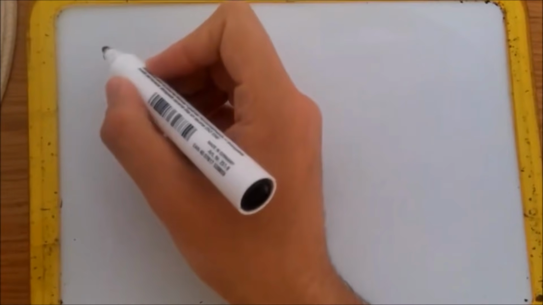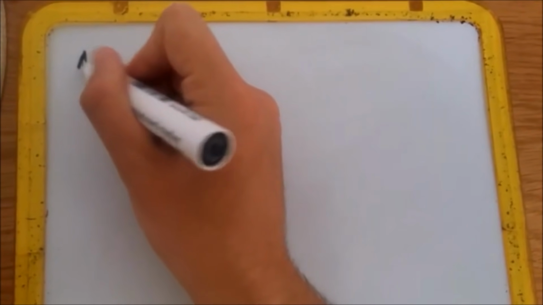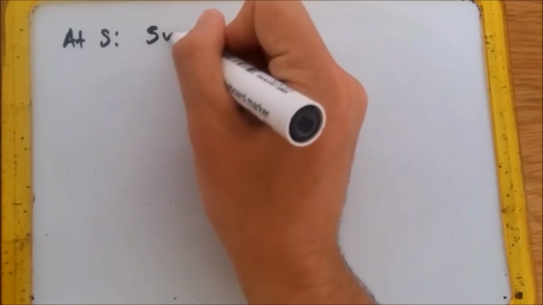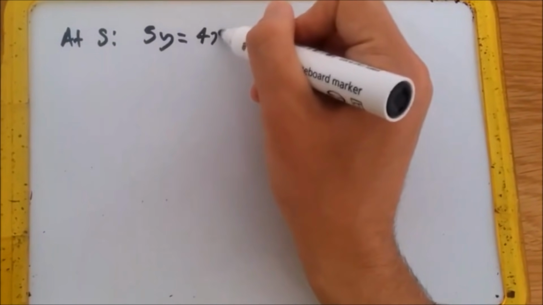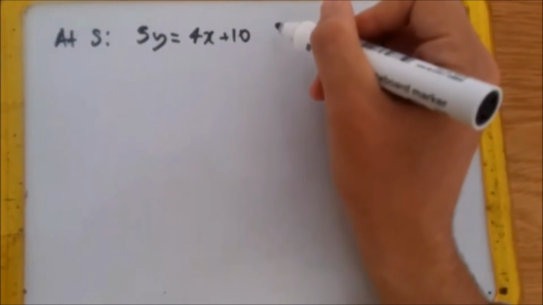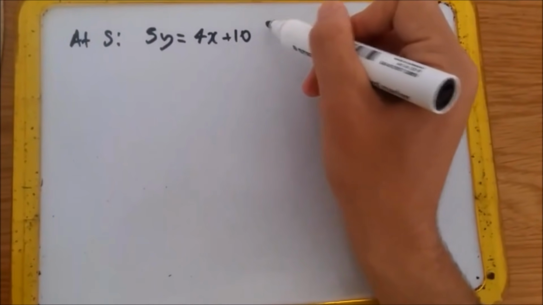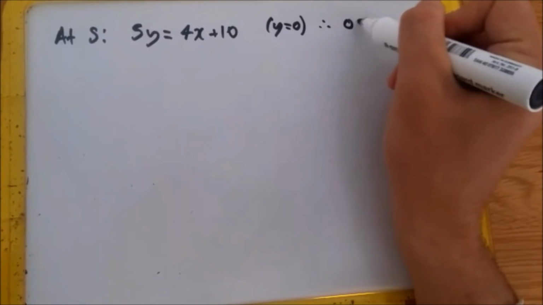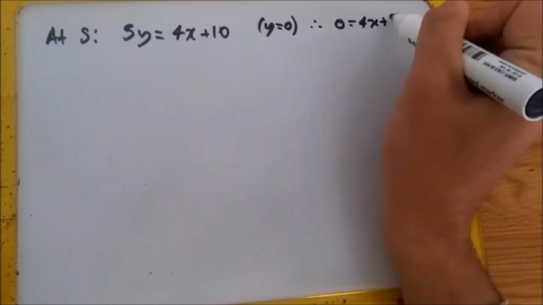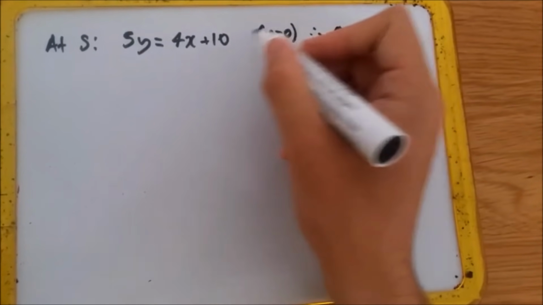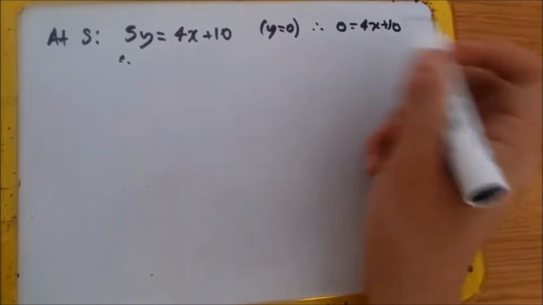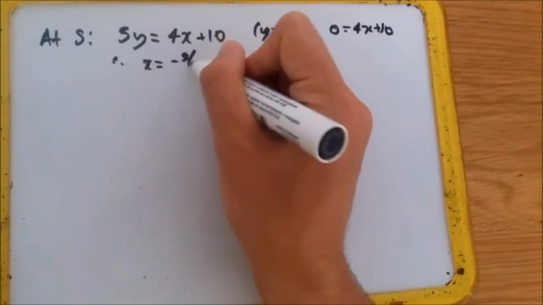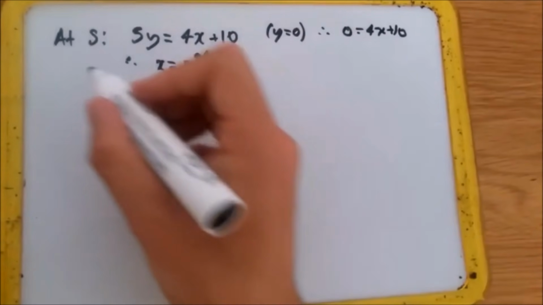So let's work with S first. At point S, we're going to use the equation y equals 4x plus 10. Of course, we can find S when y equals 0. So 0 equals 4x plus 10. Rearranging, subtracting 10 and dividing by 4, gives x equals minus 5 over 2. Easy.